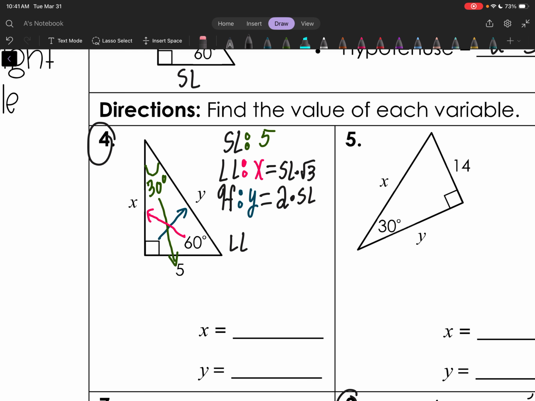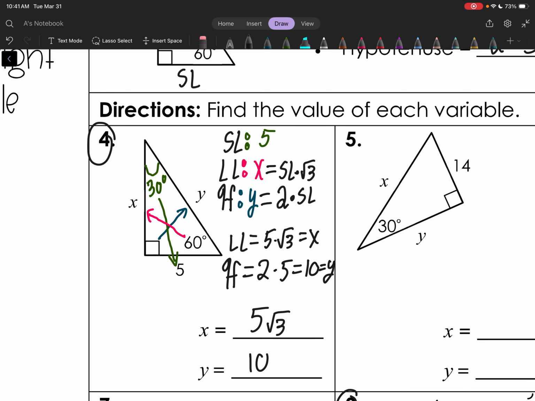So for my long leg, I'm going to have 5 times square root 3, and that's finished. That is my X value. For my hypotenuse, I'm going to have 2 times 5, which is 10. And that is the Y value. Okay, that problem is finished.